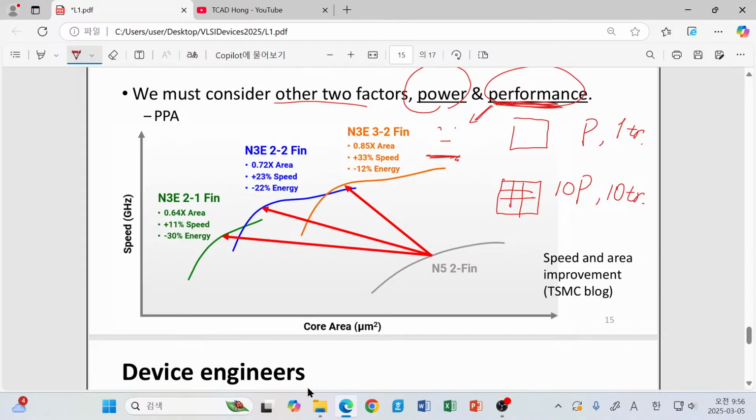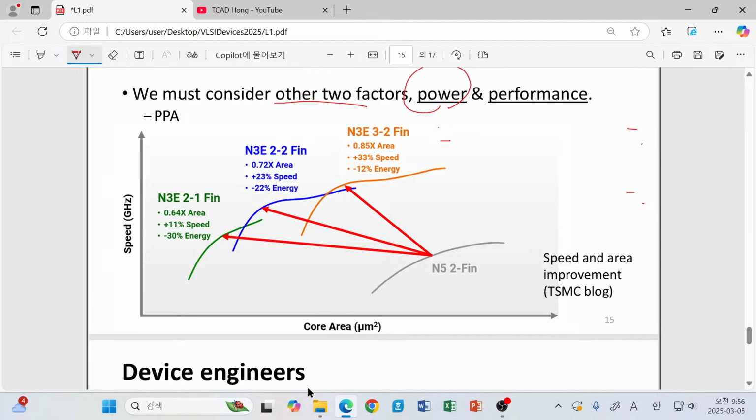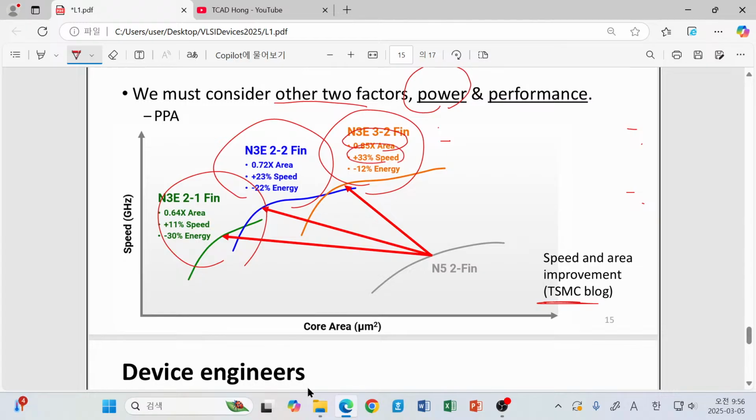At the same time, this figure, a slide taken from the TSMC blog, shows the opposite view. Here, TSMC provides three different options to the designers. One is where area scaling is not that high, just 15% reduction. However, you can get a much faster 33% speed increase.